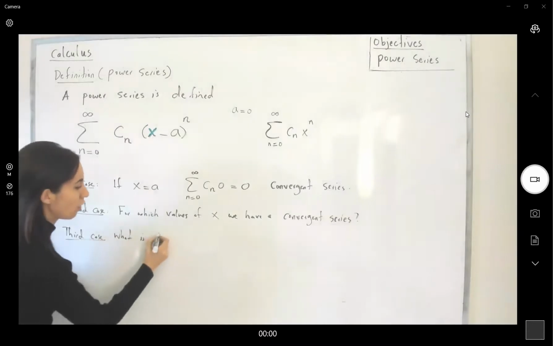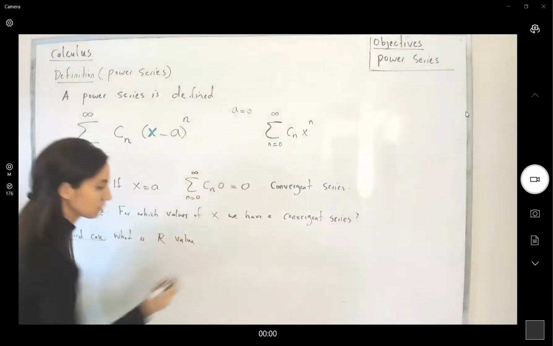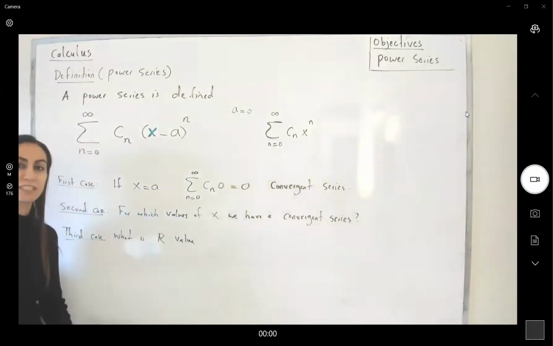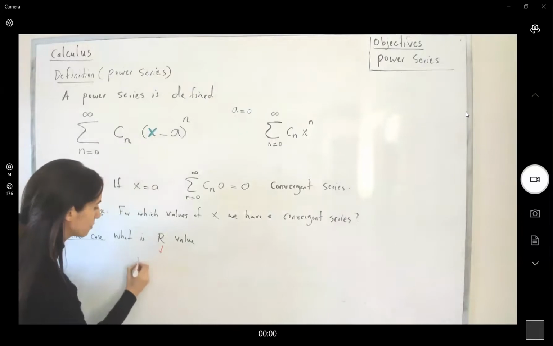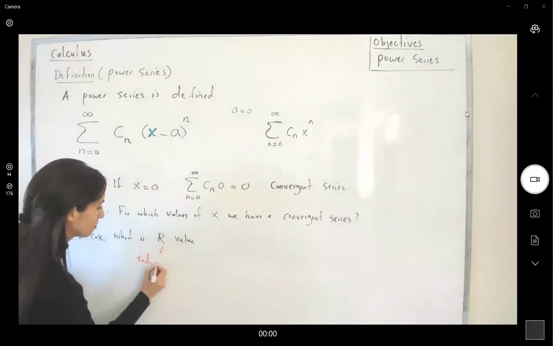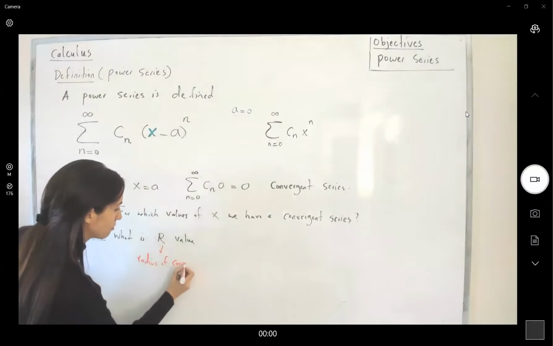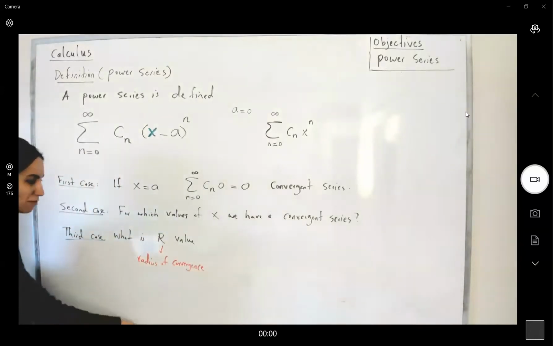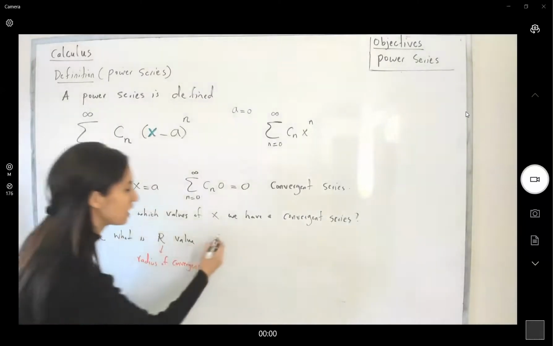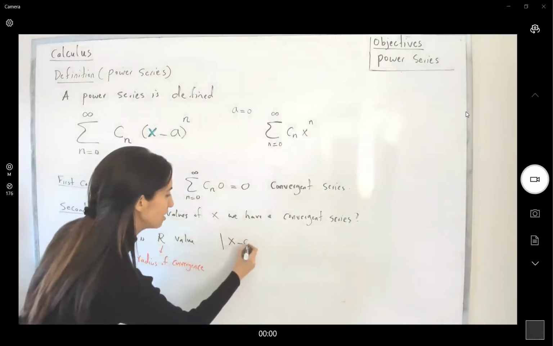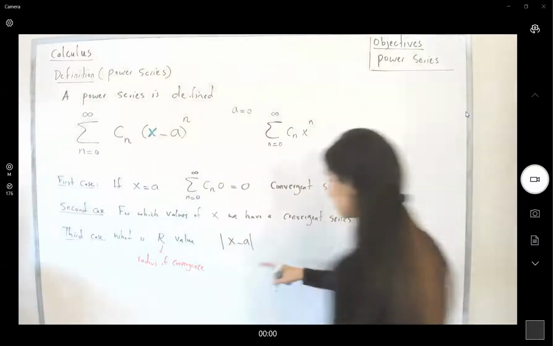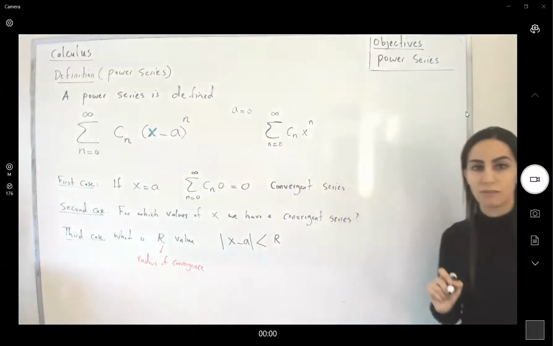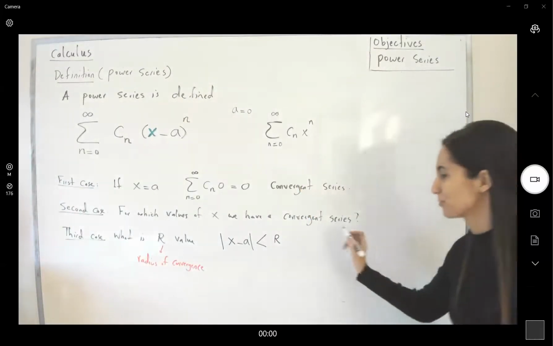What is r? The value r is called the radius of convergence, such that when we find the distance between x and a, and we can bound the distance by r, we get a convergent series.